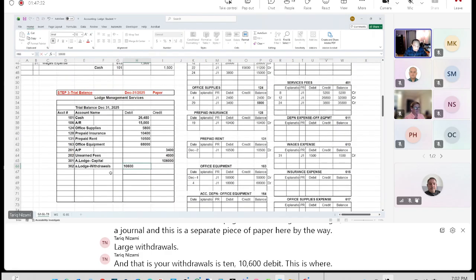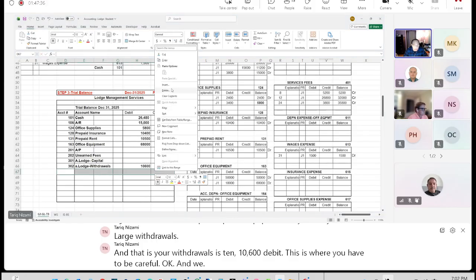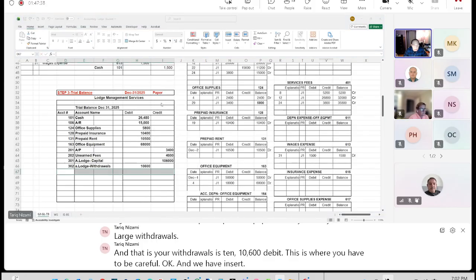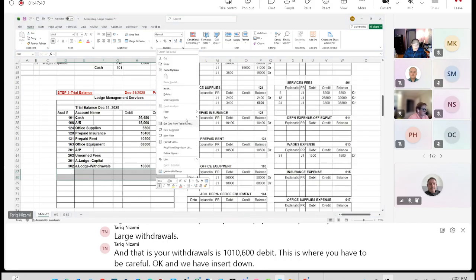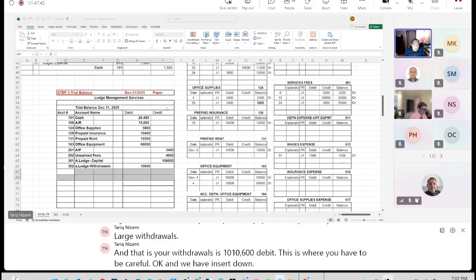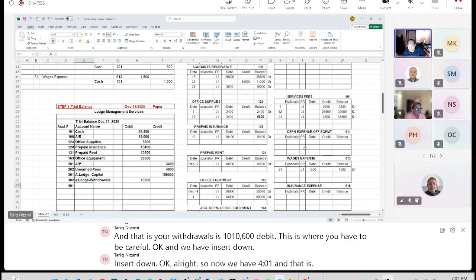This is where you have to be careful. Okay. And we have insert down. Okay. All right. So now we have 401. That is your service fees.